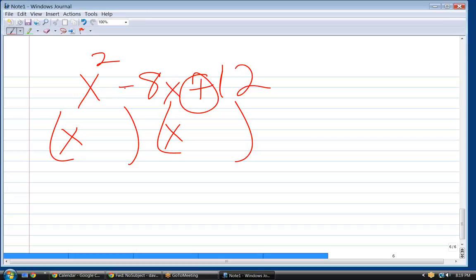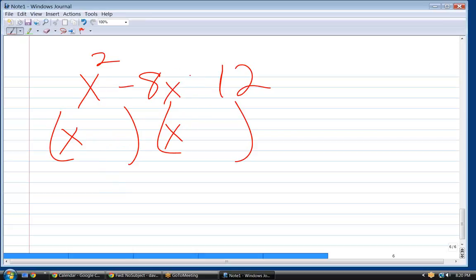I look at the middle term, it's negative. That means they have to both be negative. Now I'm looking for factors of 12 that add to the number 8. Simple as that.